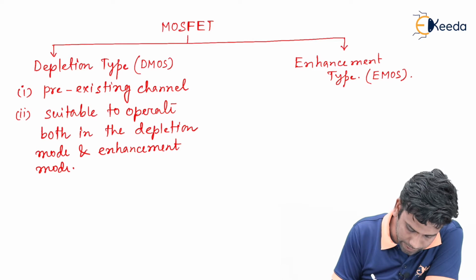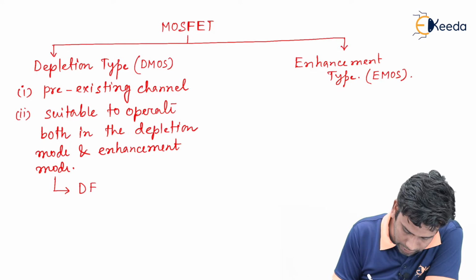Sometimes that's why this depletion type MOSFET is also termed as DE MOSFET.